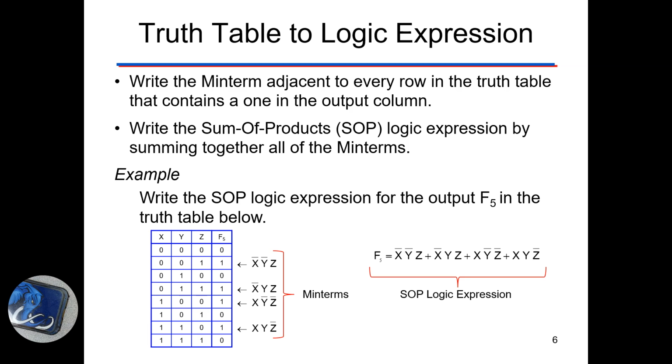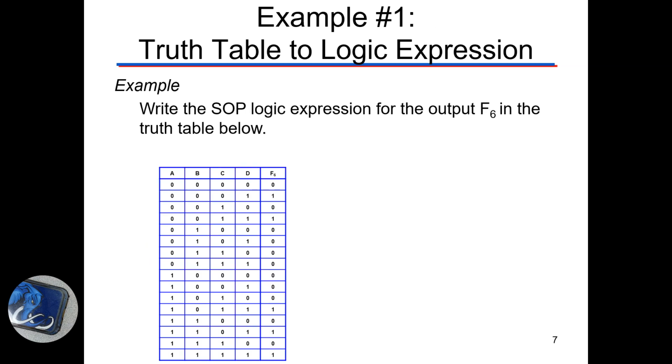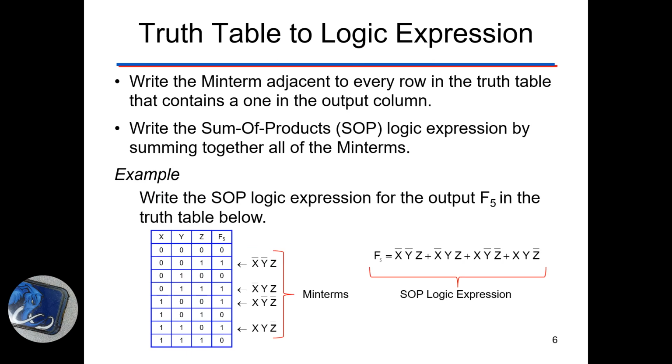So the way you would do that is, what you're going to do is find anywhere where the output is a 1. This might be something that you write down or put in your notes on how to do this, because otherwise you might not remember. If you look at the truth table down in the bottom left over here, you'll see that we're looking at the F5 column, and we're looking for anywhere that the F5 is a 1, because that means it's going to be turned on, right?